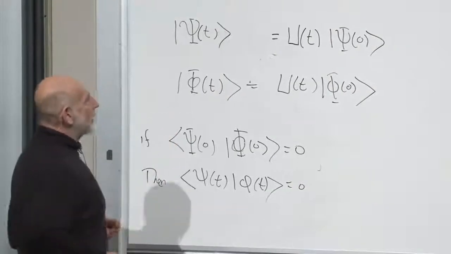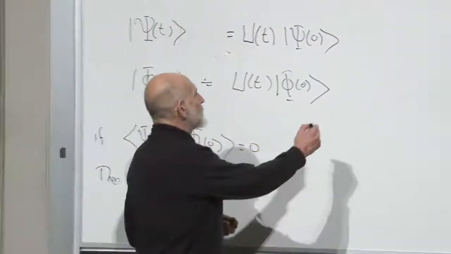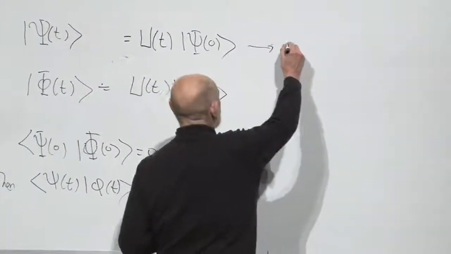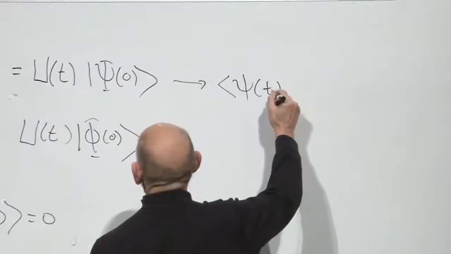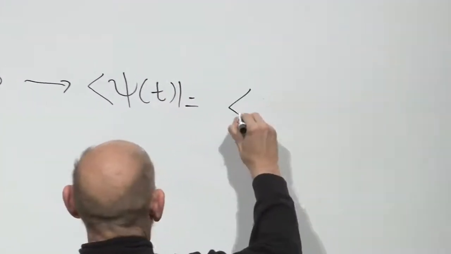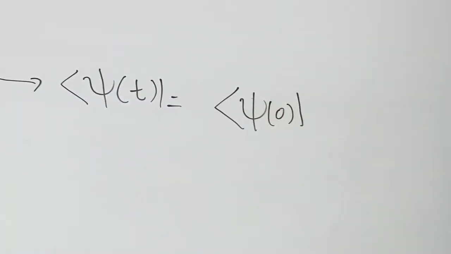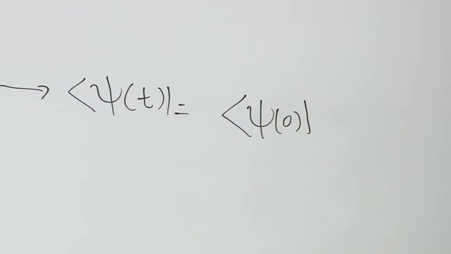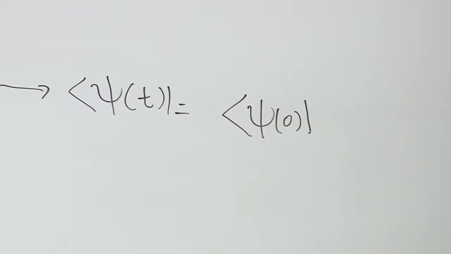We have to flip it from a ket vector to a bra vector equation. Okay, so let's do so. This is psi of t equals psi of 0, not times U, but times U dagger, the Hermitian conjugate.